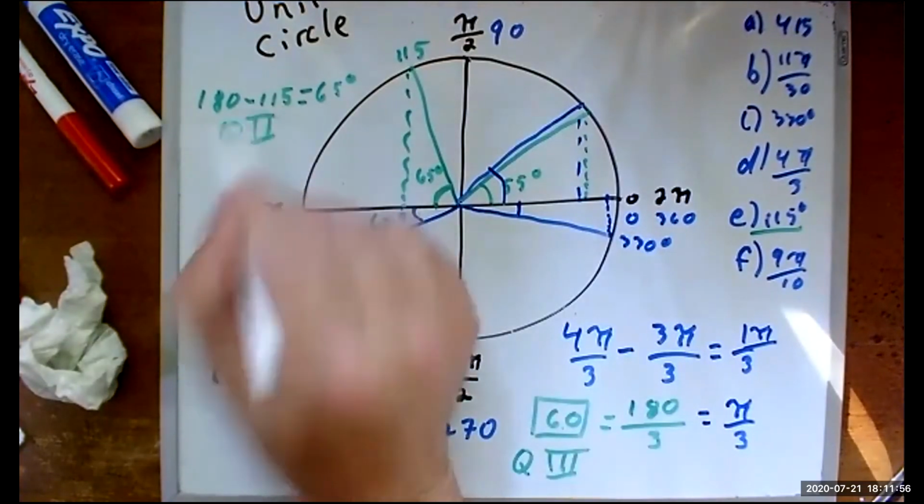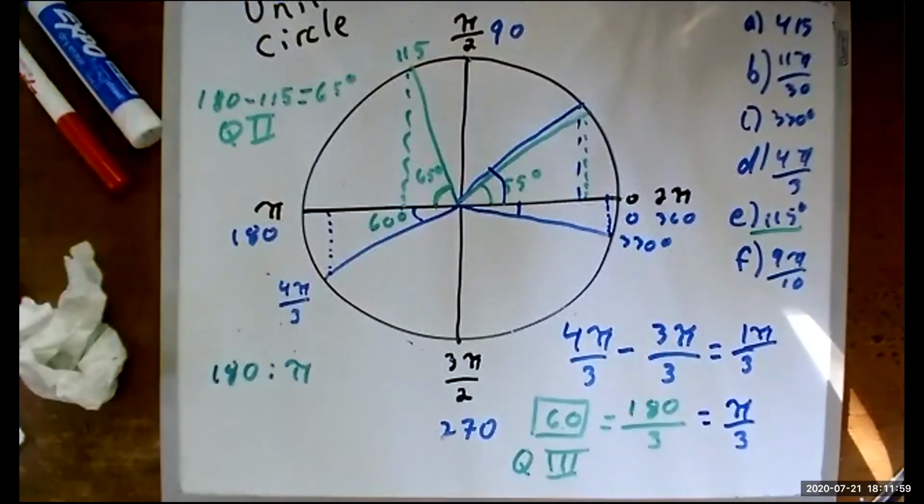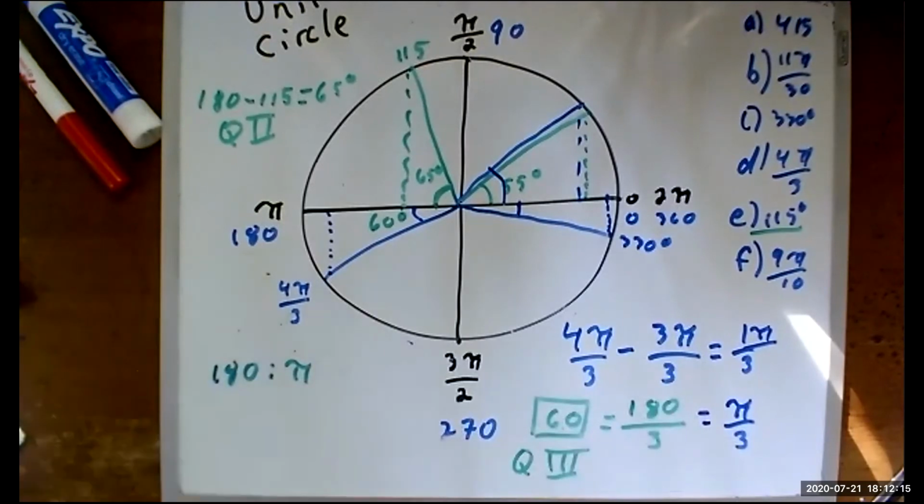So that becomes my reference angle, and I'm in quadrant 2. Any other questions on that before I move on?